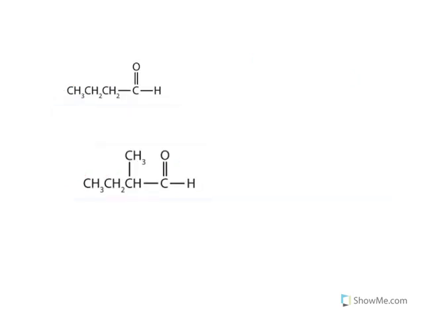Now let's look at some examples of naming aldehydes. As you can see here, the functional group of an aldehyde is a C=O, but there's a hydrogen attached to it. And in aldehydes, the rule says that we should start numbering from the side holding the carbon double bond O. So 1, 2, 3, and 4. And here 1, 2, 3, and 4.